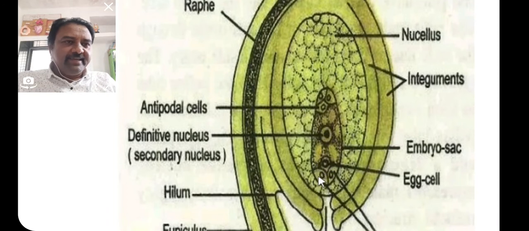Here the egg apparatus is seen at the micropylar end and the antipodal cells at the chalazal end. At the central position, the definitive nucleus or secondary nucleus is seen. This is the embryo sac or female gametophyte.